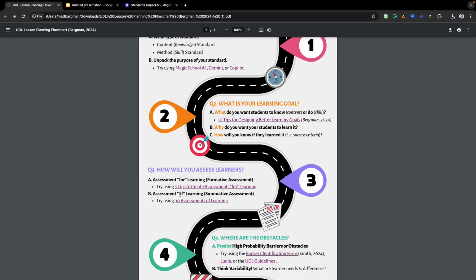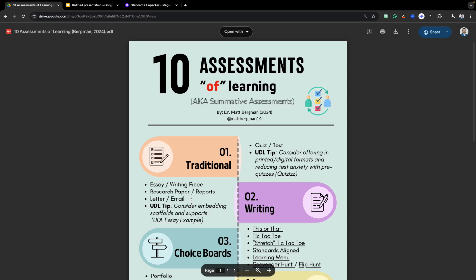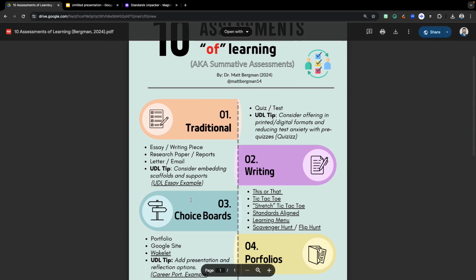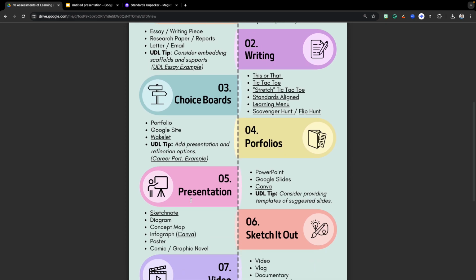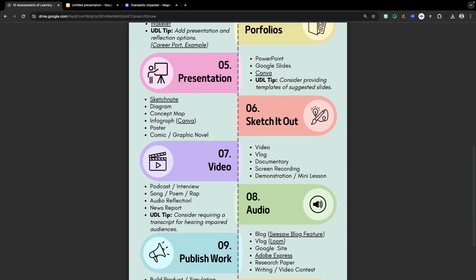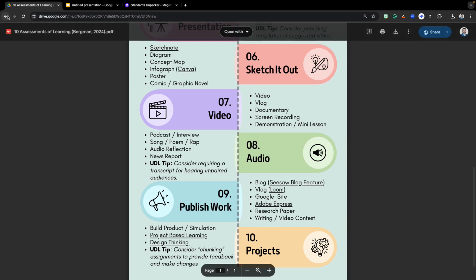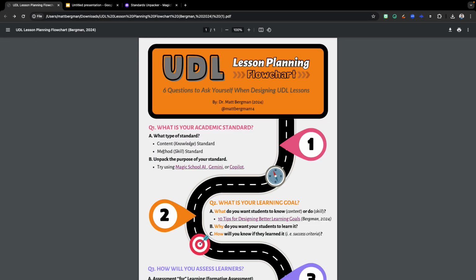It's to help understand, did students master all of the content? Are they ready to move on to the next unit or chapter? And so there are all sorts of different ways that we can do that. In fact, I have this 10 assessments of learning document here that has some alternatives to just a simple quiz or test. You can do all sorts of different things depending on what your learning goal is all about.